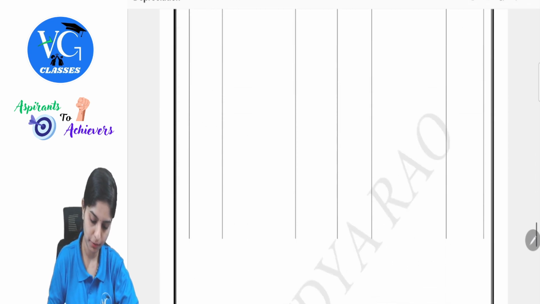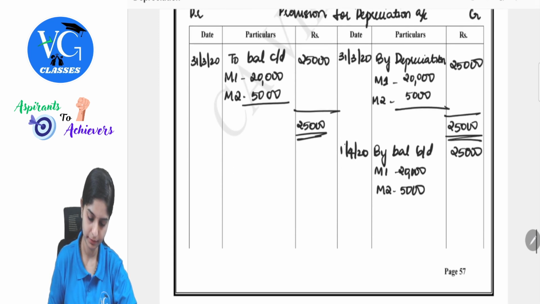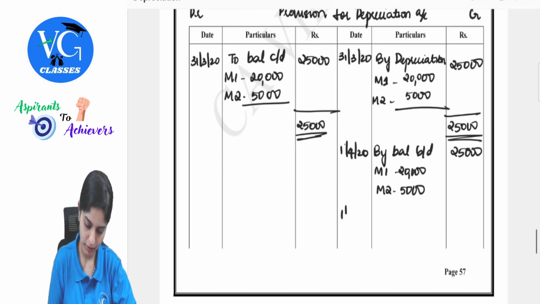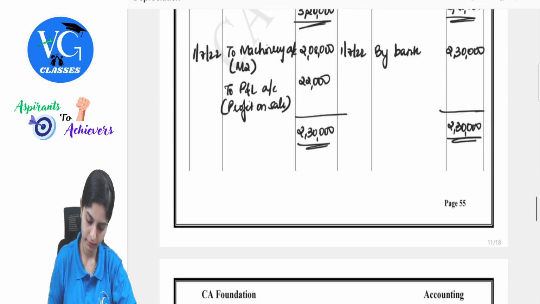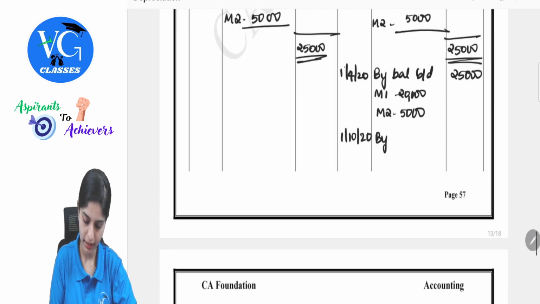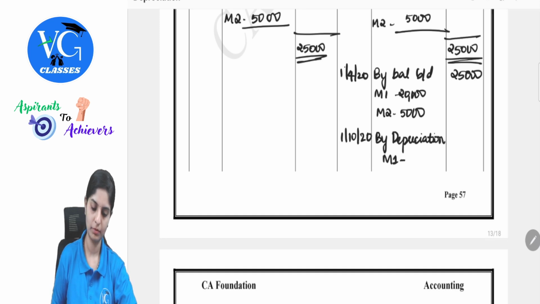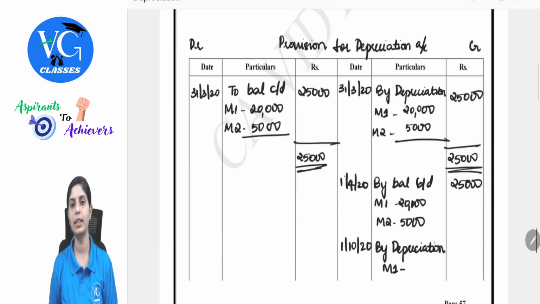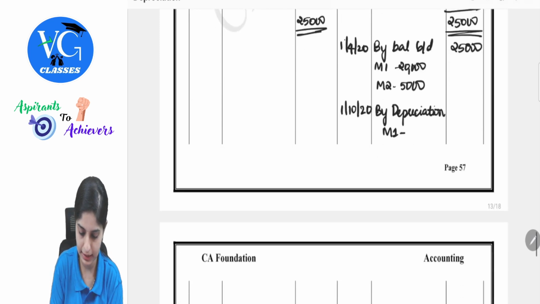So in provision for depreciation, 1st October 20, by depreciation, machinery 1, 20,000 used for 6 months means 10,000.